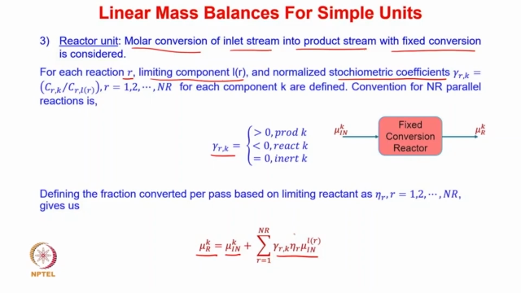Eta R is nothing but the conversion of the limiting component in the Rth reaction, and mu in LR is nothing but the inlet molar flow rate of the limiting component. Okay, so this particular equation enables writing the mass balance for input and output of the reactor in a linear fashion, and we will illustrate that using a simple example.